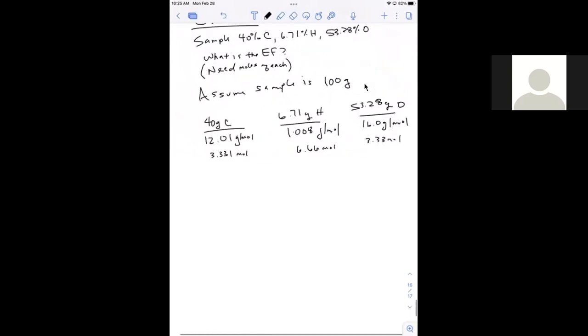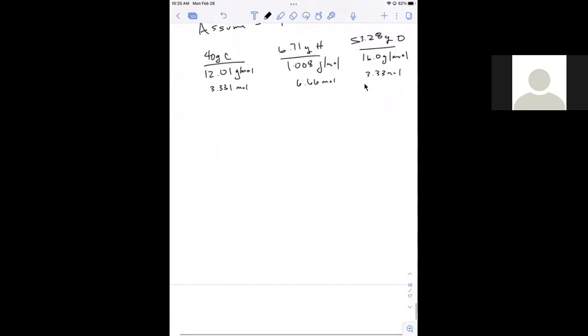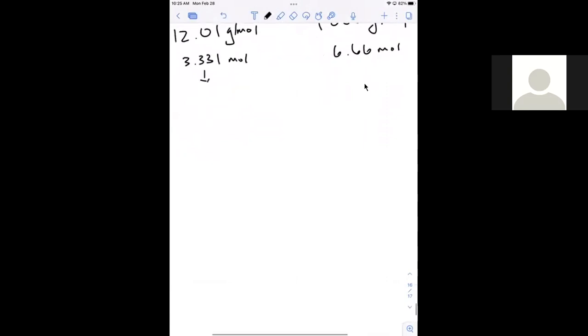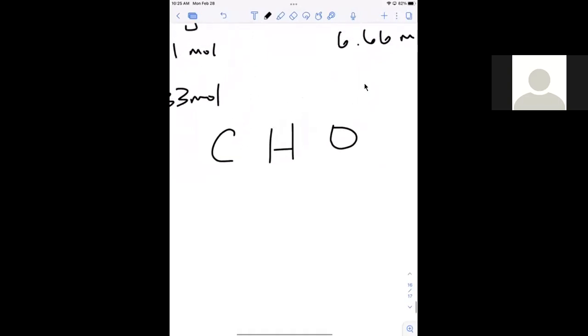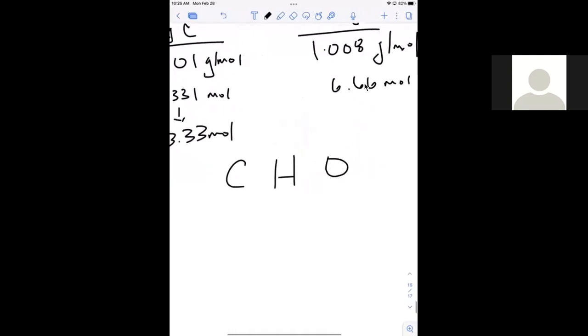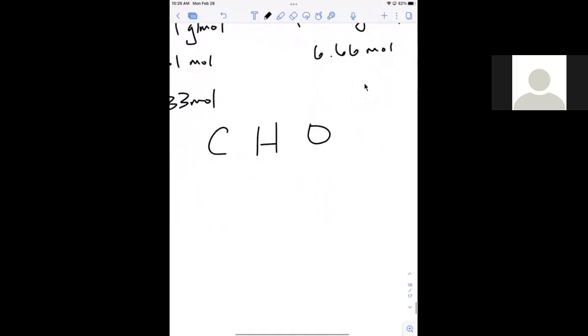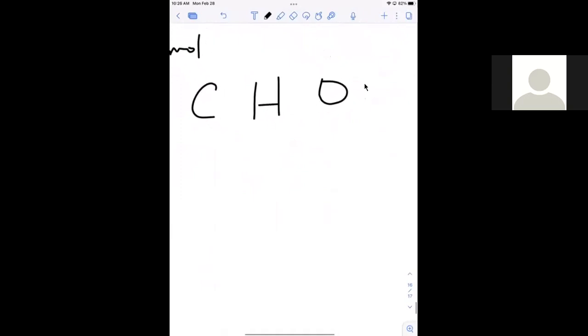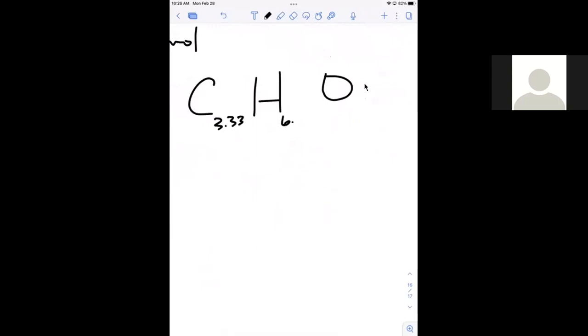So if we write this out, and we can round this one, go ahead and round this down to 3.33. So we'll write this out, C H O, and then we'll put the carbon in first, which is 3.33, 6.66, and 3.33. Let's hurry up and divide this.